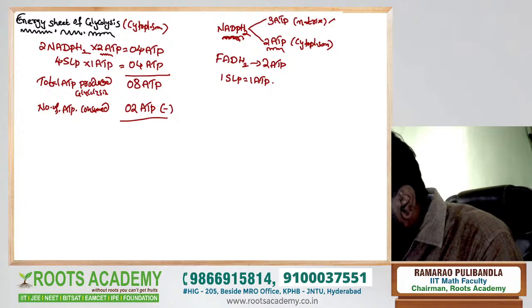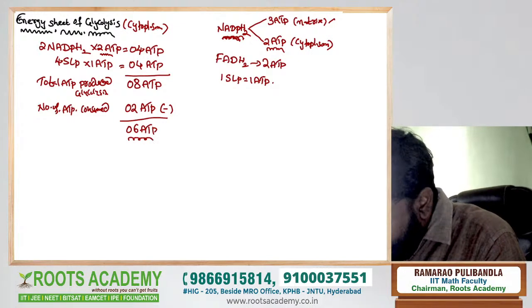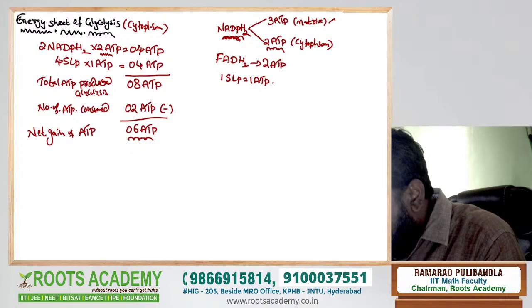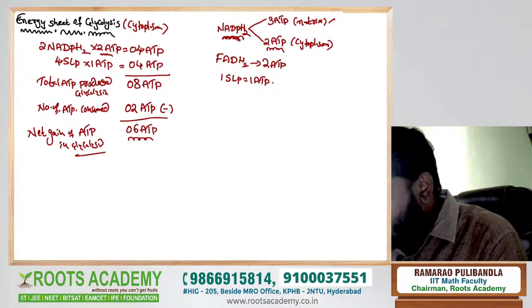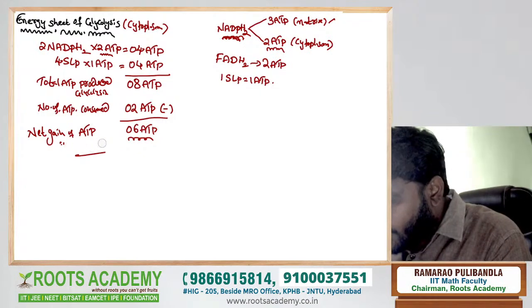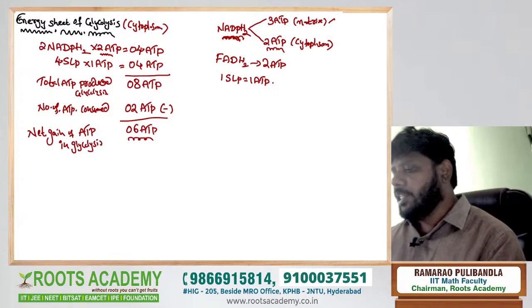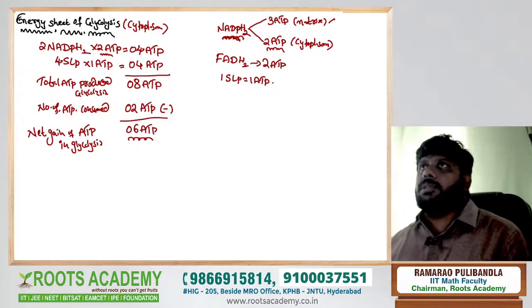So 8 minus 2, 6 ATP. 6 ATP is considered as the net gain of ATP in case of glycolysis. Is it clear? Any doubts?